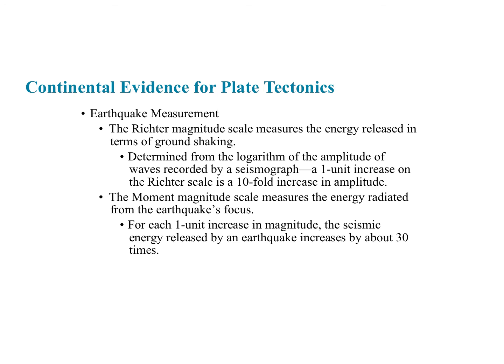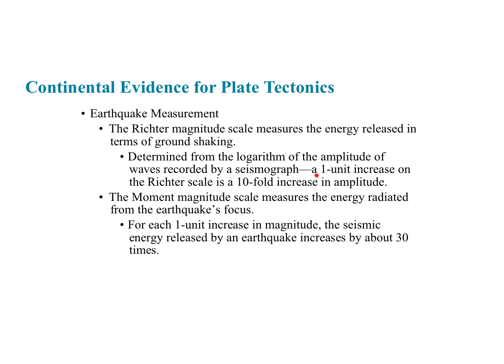Now, how do we measure earthquakes? We use something called the Richter scale, and the magnitude of the scale measures the energy released in terms of the ground shaking. It's based on something called a logarithm, which is a way of dealing with very large numbers. And the logarithm of the amplitude of the waves, that's the size of the vibrations of the wave recorded by a seismograph.